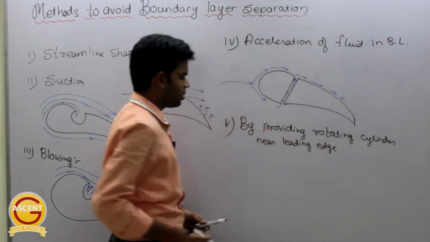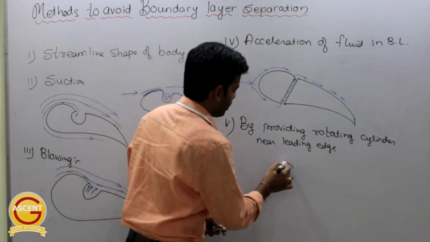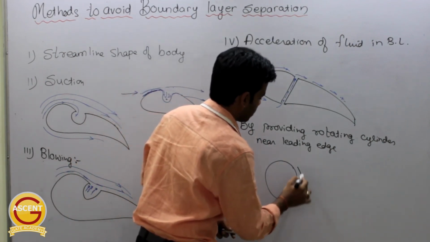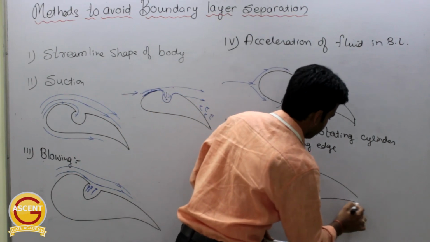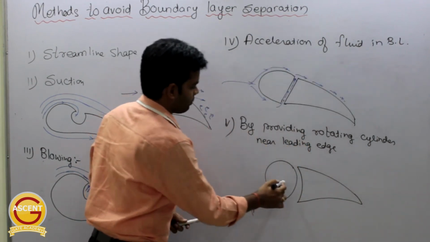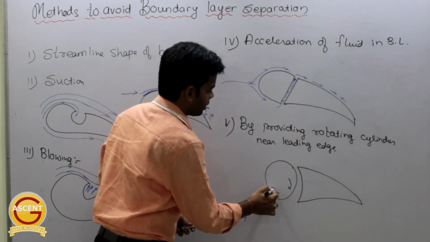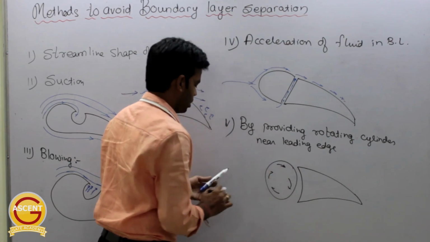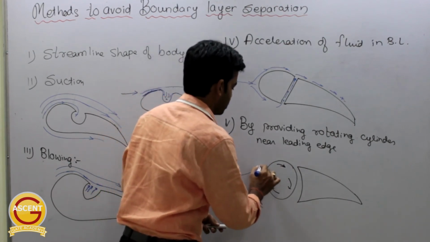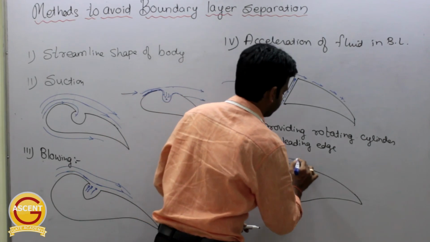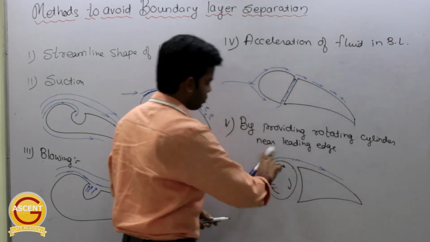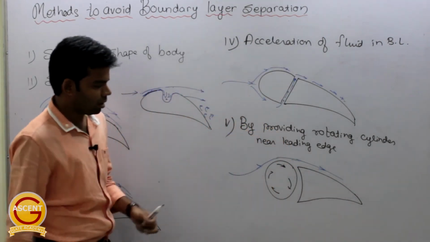Okay, so what we can do here is we will provide a rotating cylinder. Here we are having an airfoil. Okay, and we are providing a rotating cylinder which will rotate in the direction of the air flow. Suppose air is flowing in this direction. Okay, so this is rotating in this direction, clockwise.